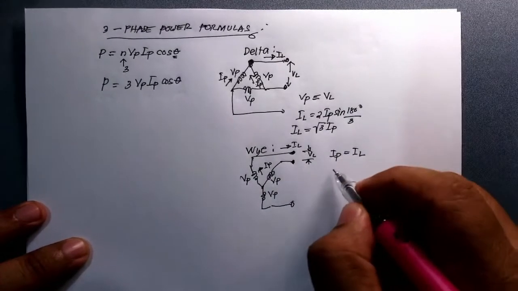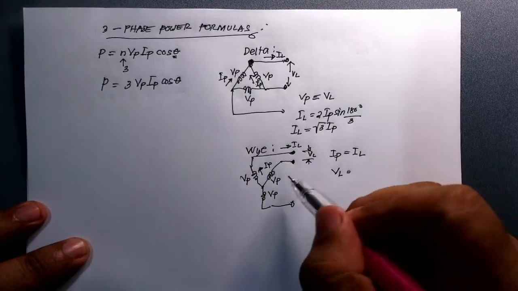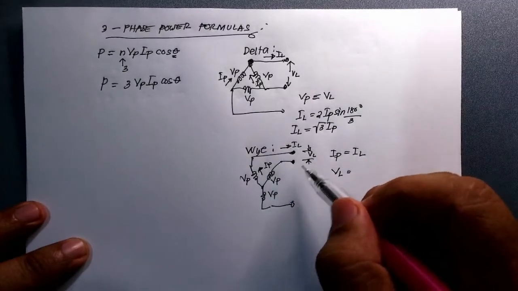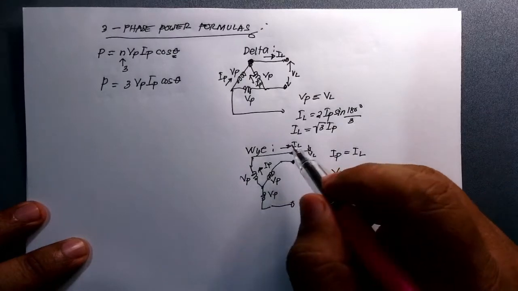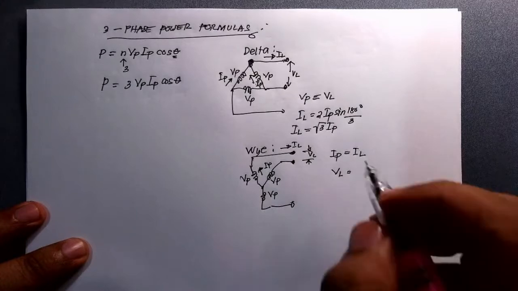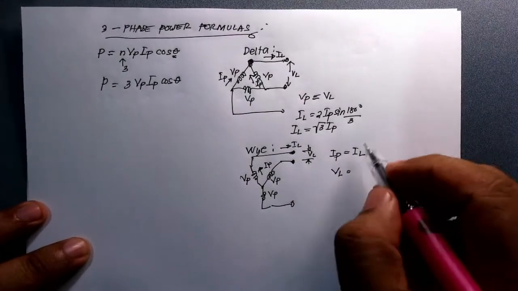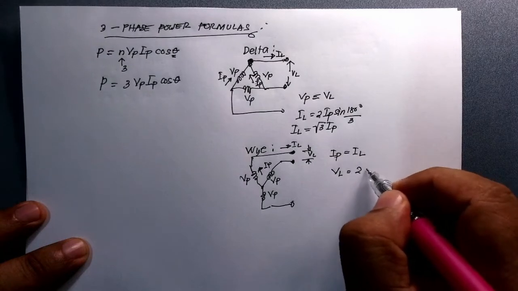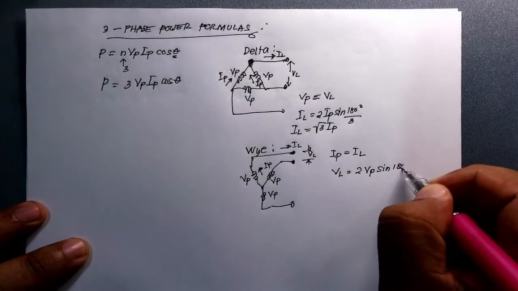So actually V sub L in this Y connected coil, which represents our source or supply, is twice the phase voltage at an angle of 180 degrees divided by 3.